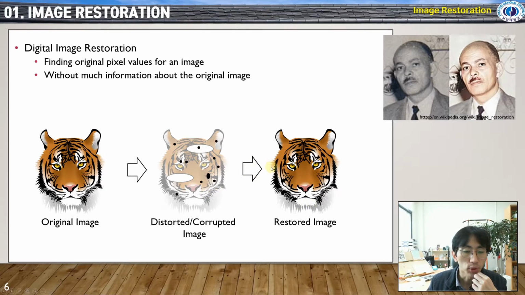At this point, one of the important things you have to know is that at the time of image restoration, you do not have much information about the original image. You may remember, okay, there is a tree, this is a tiger, and the image is not this, it's too white, or in this original image there is a shape or white part here.